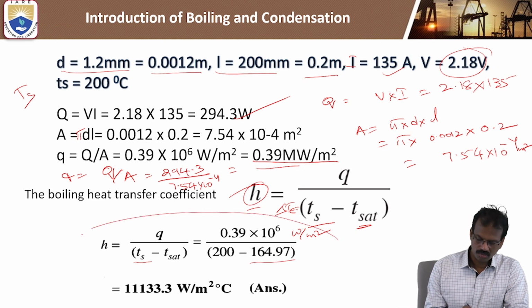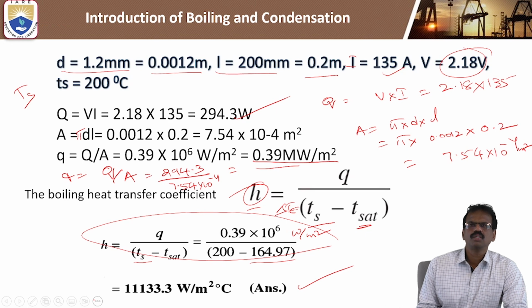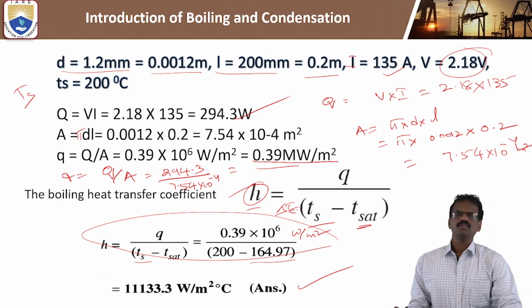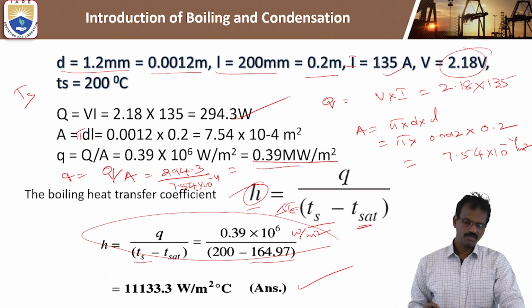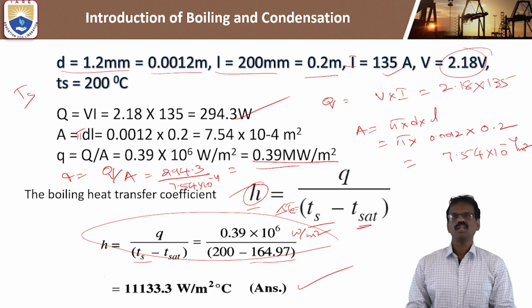So by using these values, you can find out the h. h is equal to 1133.3 watt per meter square Kelvin or degree Celsius. This is the heat transfer coefficient value. It means the initial condition of boiling.